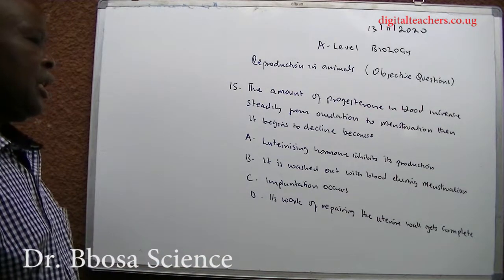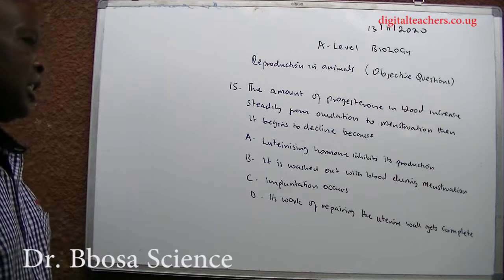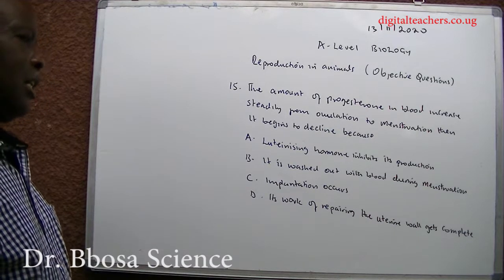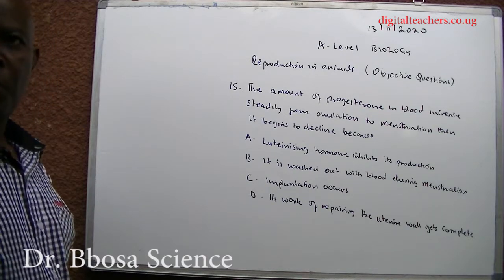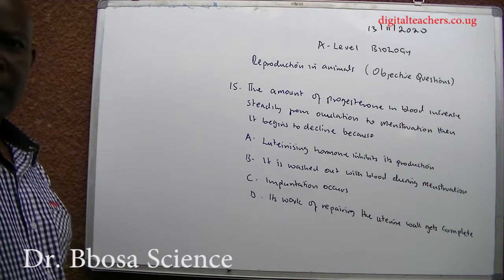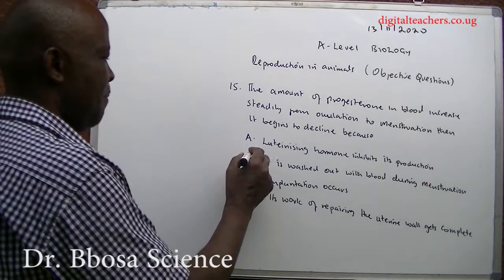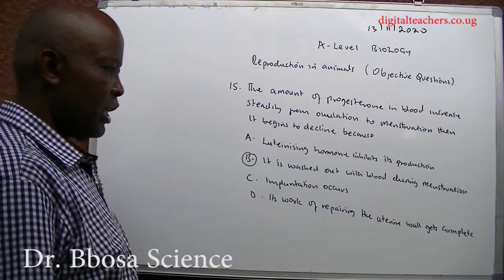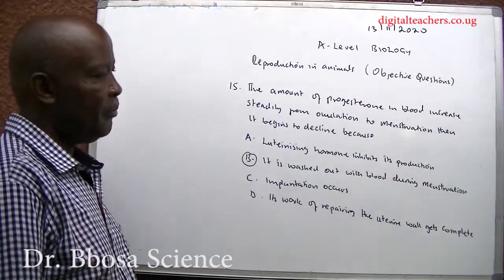C. Implantation occurs. D. Its work of repairing the uterine wall gets complete. You can pause and answer. The answer is B. It is washed out with blood during menstruation.